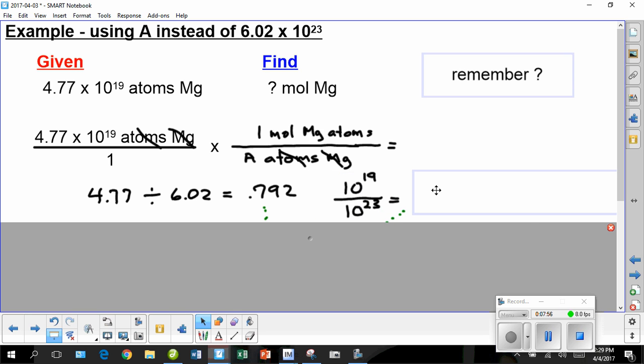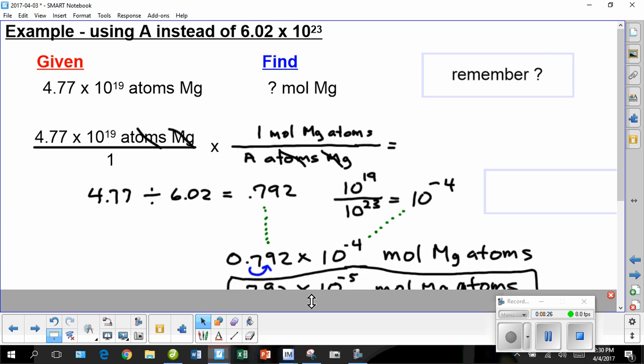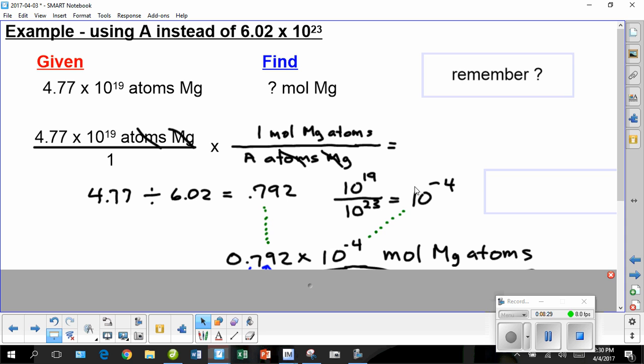And then we have to deal with the power of 10. When we divide powers of 10, we subtract exponents. So what's the exponent of this going to be? 10 to the negative what? 4, absolutely. Now I'm following the nice little path that Tyler DeWitt does when he does his videos, and that is to show you where the numbers are coming from.